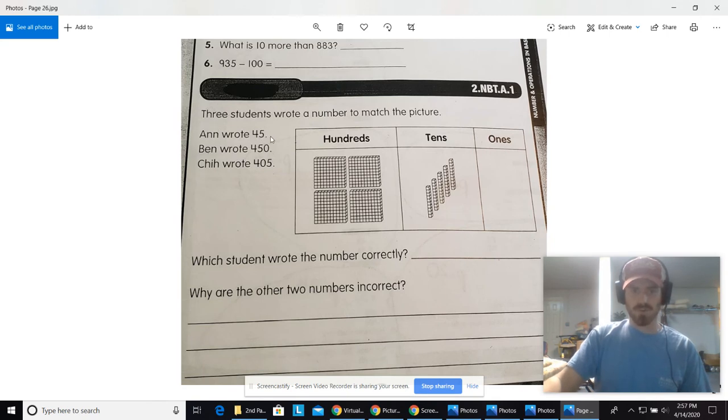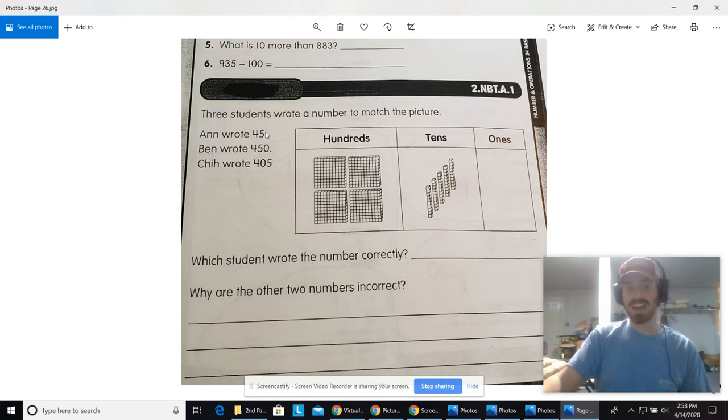Anne wrote 45. So Anne, you could say, only wrote 4 tens, wrote 5 ones when there were only 0, and then didn't write any for her hundreds digit. You could also say that Anne forgot her 0 for the 0 ones. She left that off.